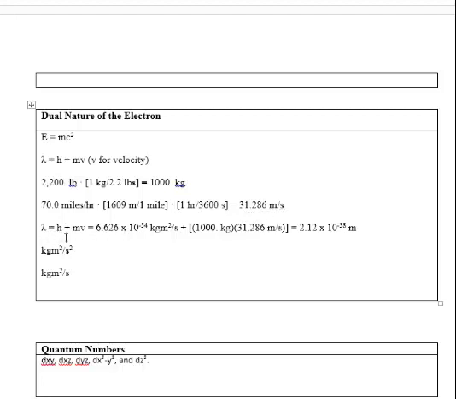Lambda is equal to h divided by mass times velocity, which is 6.626 times 10 to the negative 34th kilograms meter squared per second divided by 1,000 kilograms multiplied by 31.286 meters per second, which is equal to 2.12 times 10 to the negative 38th meters.